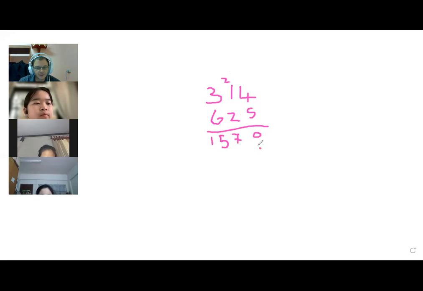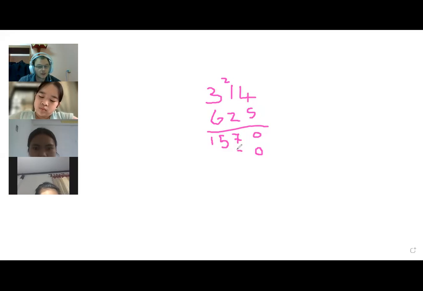5 times 3 is 15. Put the 0 to hold the place. What is 2 times 4? 8. Excellent. 2 times 1 is 2. 2 times 3 equals 6. Excellent.